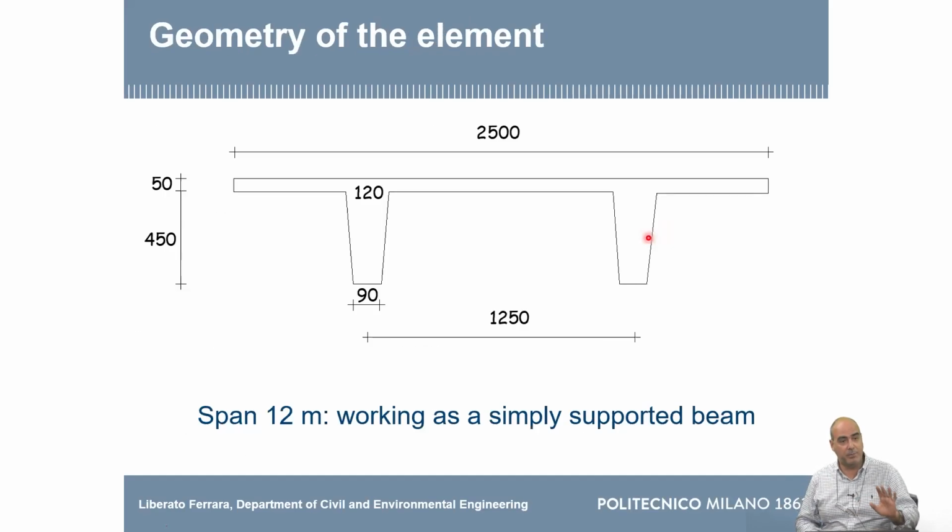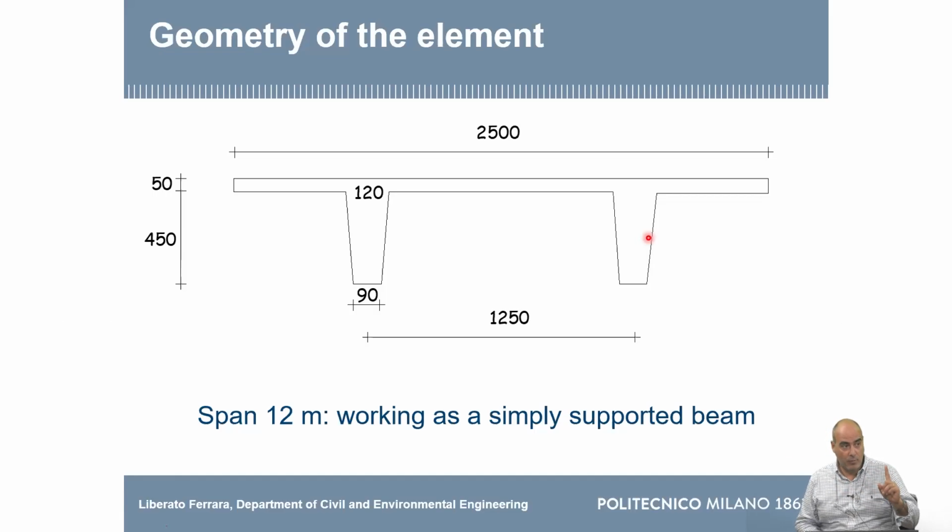But the first problem that we have to deal with is, okay, but how much shall I pre-stress? Which means, how big are the tendons that I have to put there? How many are they? Where shall I put them? And how large is the force that I have to apply to them? That is the first design problem that you have to tackle.